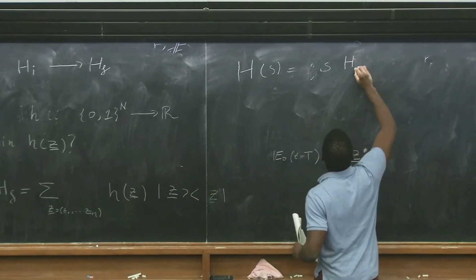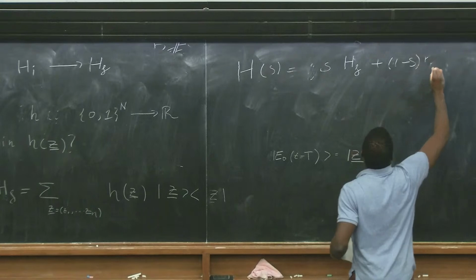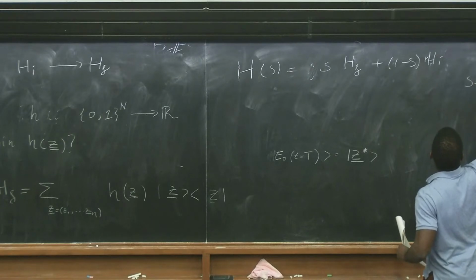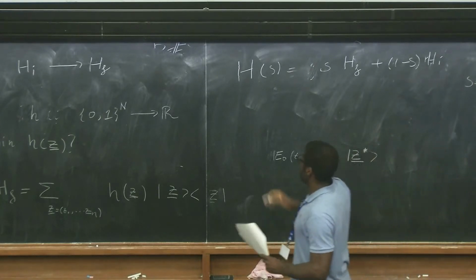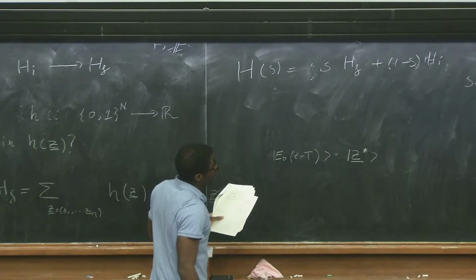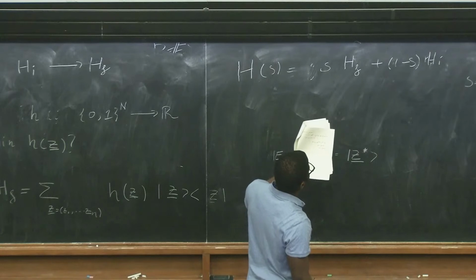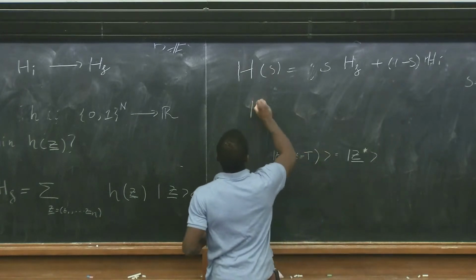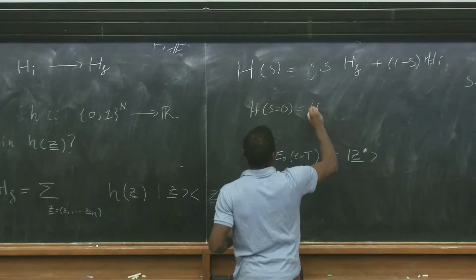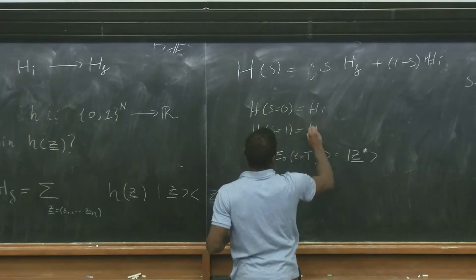This is going to be S times H final plus 1 minus S times H initial, and I recall that S is t over T. This is a particular case where I've chosen a linear schedule. As we'll see, this may not necessarily be the best one, but at time 0, the Hamiltonian is Hi. So H of S equals 0 is going to be Hi, and H of S equals 1 is going to be HF.